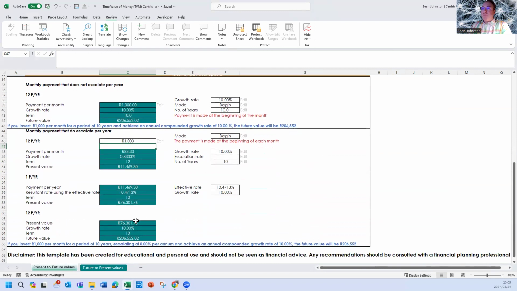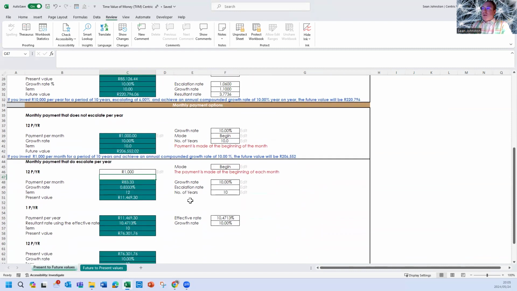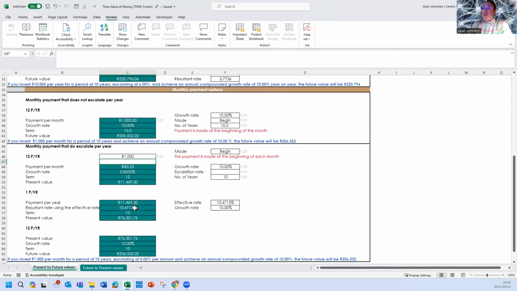They take the present value, calculating the future value of the growth rate. Now, because we've taken out escalations, we've effectively performed this calculation, skipping the step of working out the resultant rate because there's no escalation. So this is now not factoring in inflation really, because you are using the same 1,000 Rand per month for 10 years.